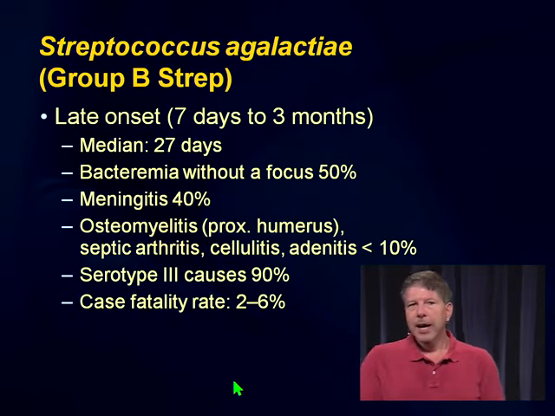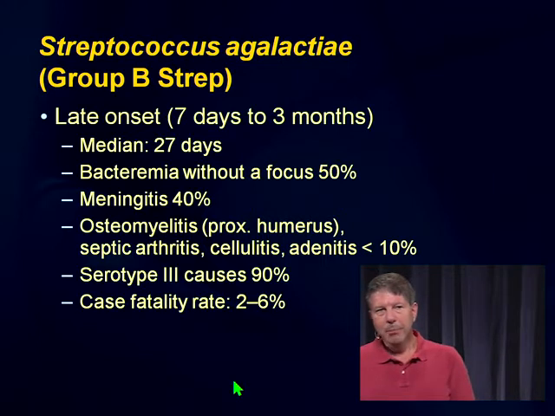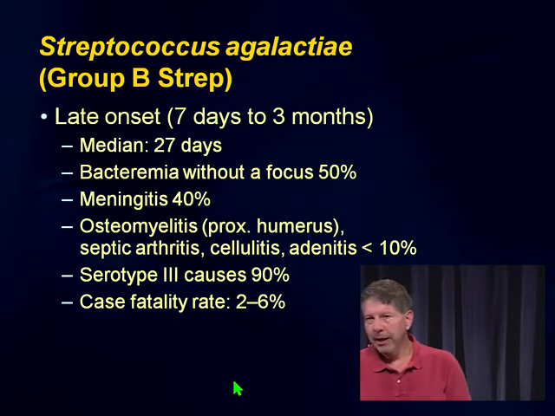Late onset is from day 7 to 3 months generally. The median time frame is almost like a month. The kid's about a month of age. They've been home, they're doing great, and they show up at about a month of age, and they present with either a bacteremia without a focus, or they present with meningitis. So notice here, meningitis is the big one that jumps in.